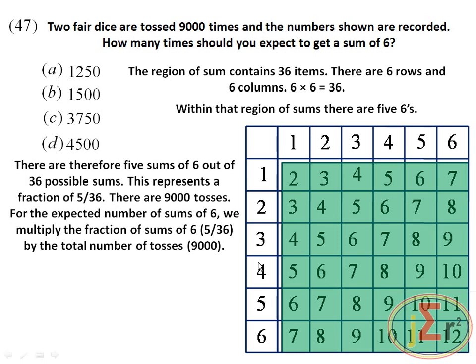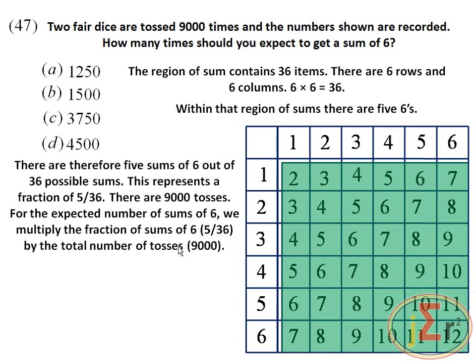So the number of sums of 6 will be 5 over 36. That is a fraction of the total that the number of sums of 6 will represent. And that we will multiply by the total number of tosses. It is tossed 9,000 times.